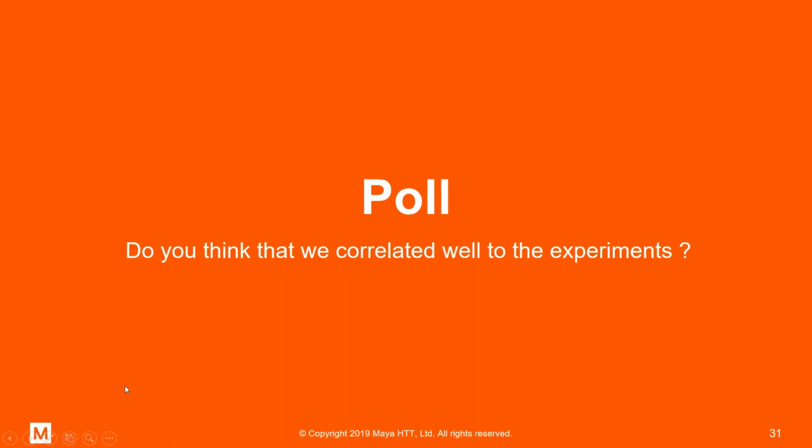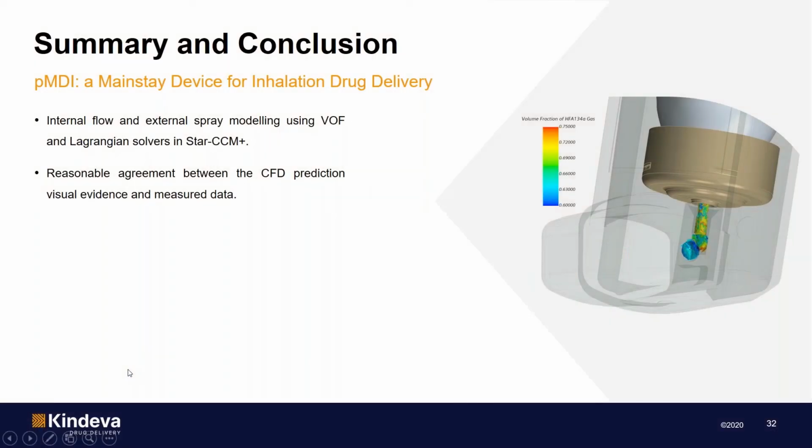Okay, it's back on the main presentation now. Thank you, Adam. On those fantastic poll results, I'm just going to wrap up and summarize. To reiterate, the intention of this project was to see if it was possible to capture the relevant characteristics of pMDI internal and external flow.